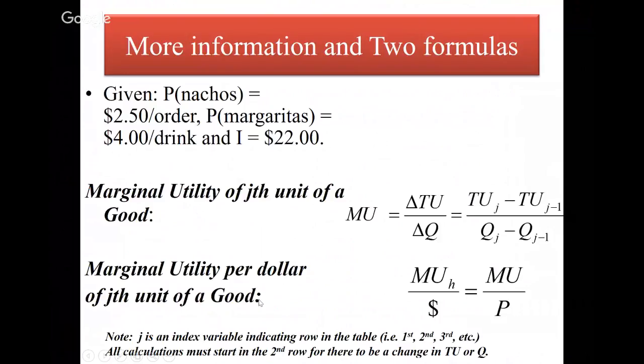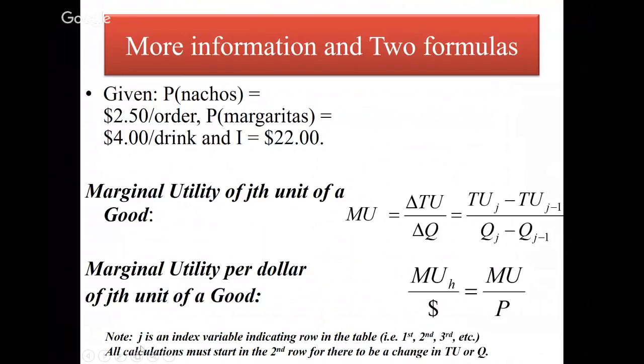Now, the marginal utility per dollar, think of the expression bang per buck. It's the additional utility received from spending one additional dollar on that additional unit, on the jth unit, if you will. That is equal to the marginal utility of whichever unit you're talking about, the first unit, the second unit, the third unit, divided by the price of exactly 1 unit.